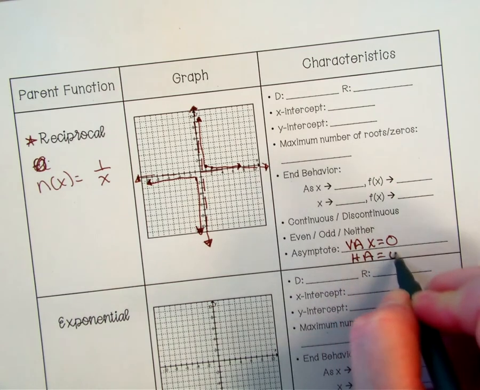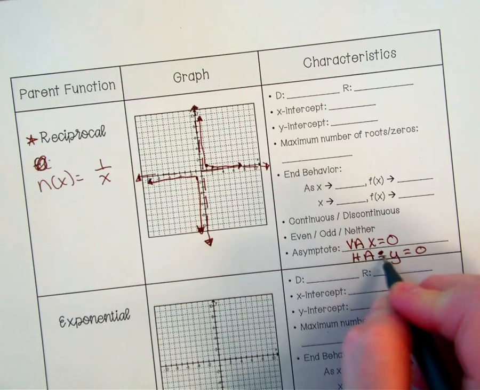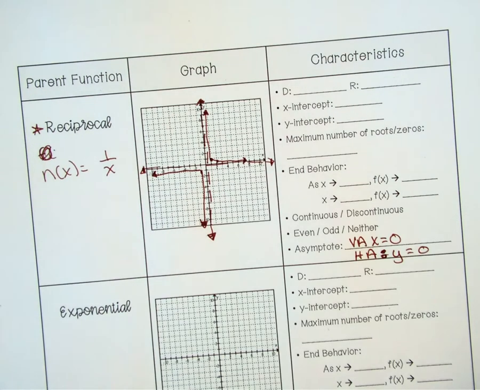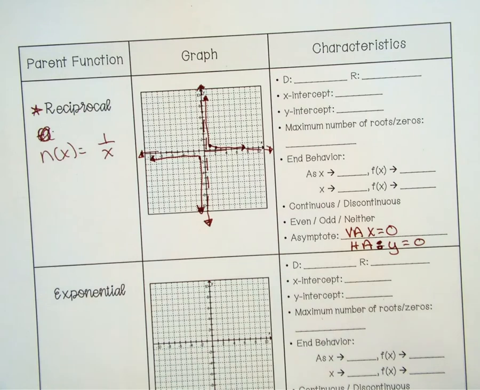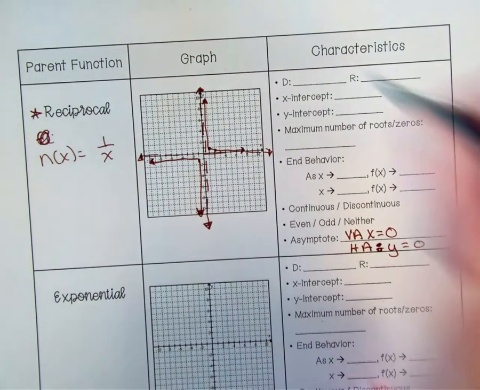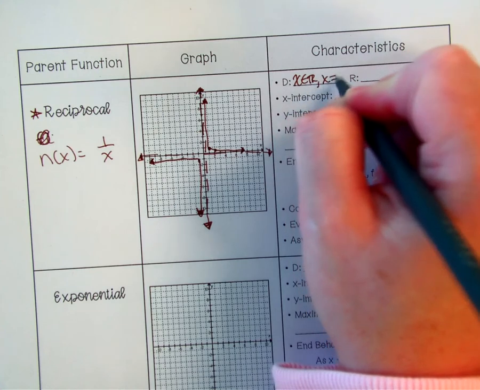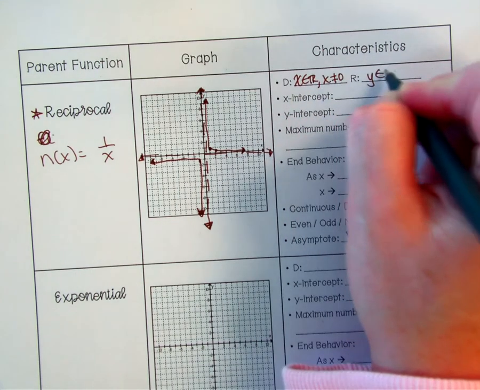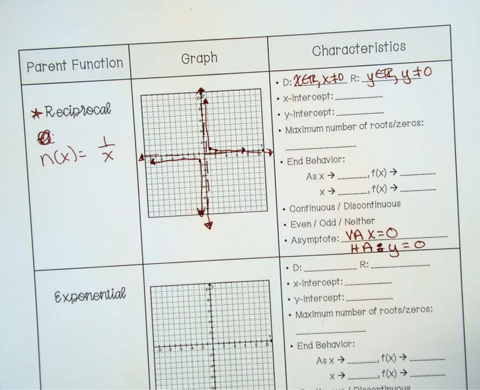And this one has a horizontal asymptote at y equals 0. So 2 asymptotes here, a vertical one and a horizontal one, both at 0. X equals 0, y equals 0. So our domain is everything but 0. Our range is everything but 0 as well. They kind of mimic each other, remember, with our 3 special cases.